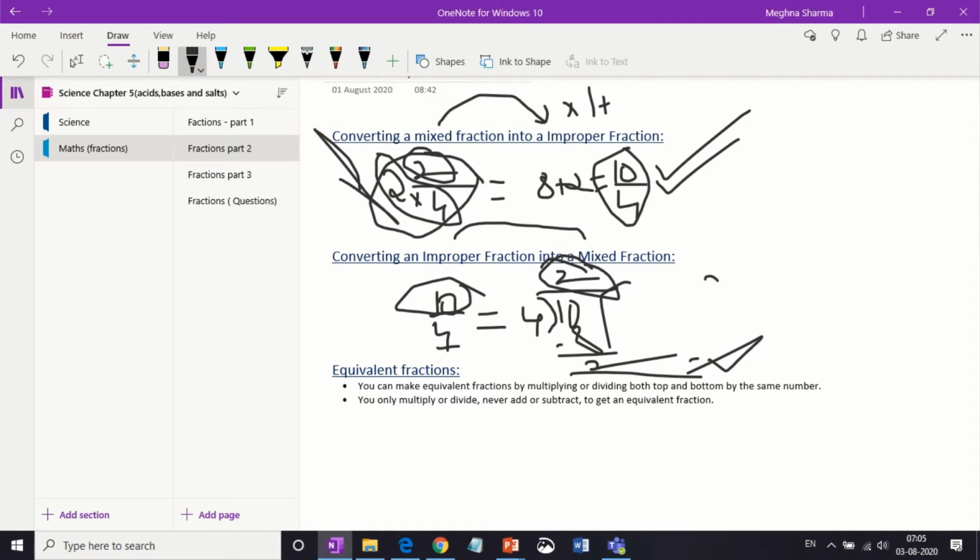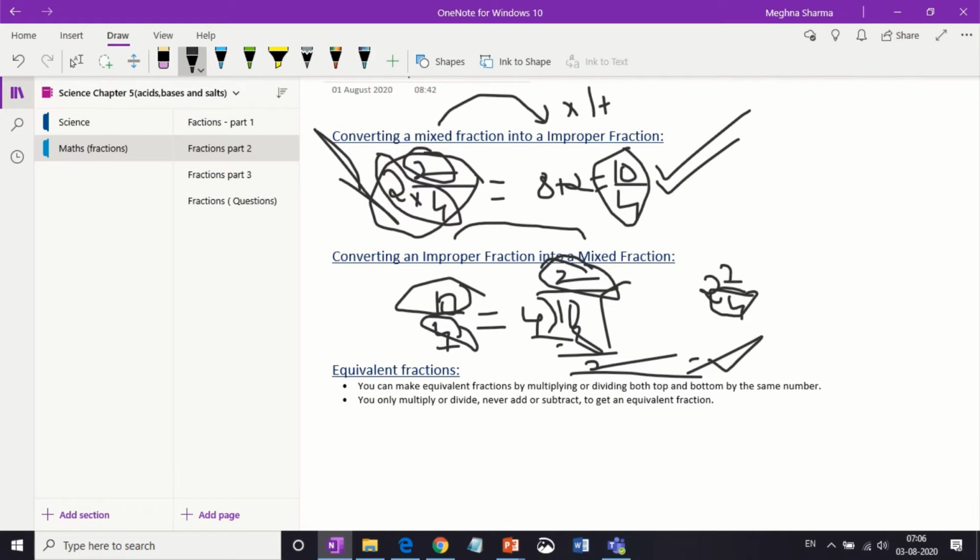This quotient will always be your whole number, your remainder will be your numerator, and this divisor, again the same, will be your denominator. See, over here it is 4 and over here also it will be 4. The denominator does not change. See, we got 2 and 2 by 4.